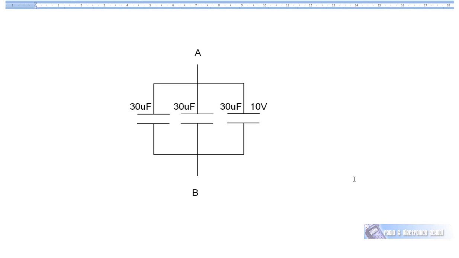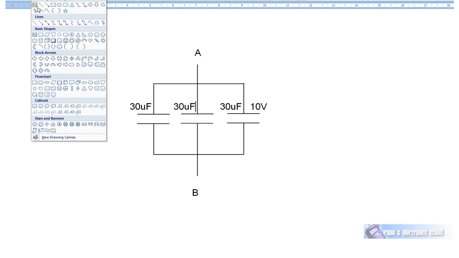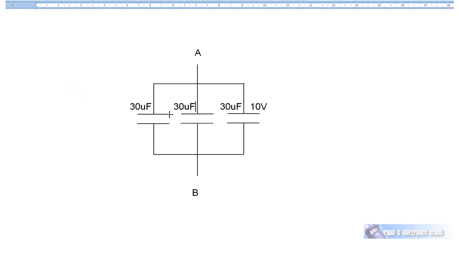When you put capacitors in parallel, you are in effect increasing the size of the plates. If you could imagine, I'll see if I can do it for you. By doing that parallel connection, what we have in fact done is connect the capacitors together to make one very large capacitor.